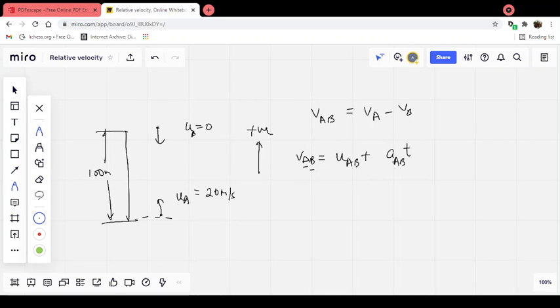So this is our application of the equation which we learned. We have not used the vector signs over here because the motion is constrained in one direction, so no need to use vectors. Even if we use vectors, the motion would be simply in j cap direction.